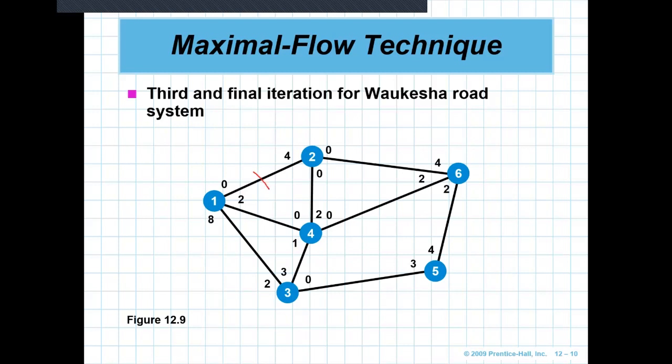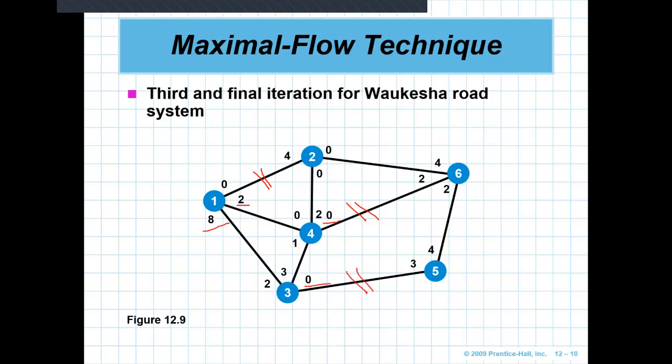So 1 to 2 is 0, which means we cannot use this way. 1 to 4, we can still go, but 4 to 6 is also 0, so we cannot go through this path. 1 to 3, 800 cars are still possible to pass, but 3 to 5 is also 0.